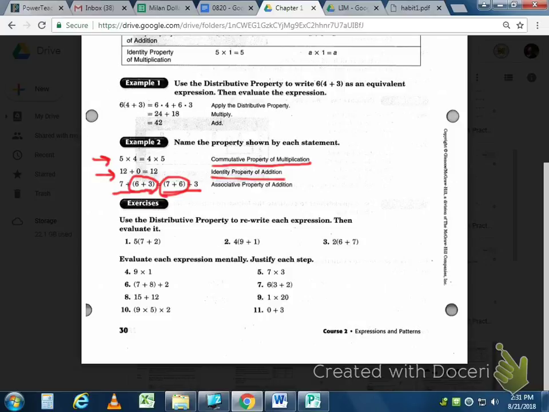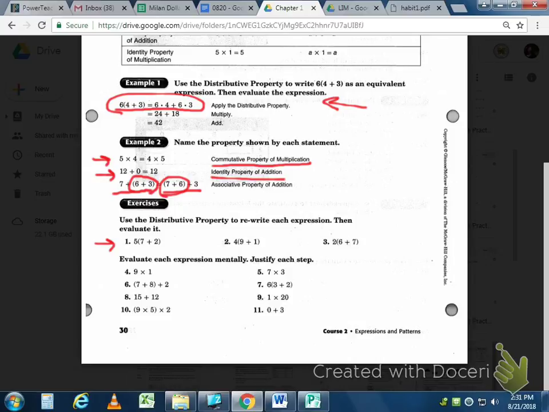We're going to do one now. Somebody in here is going to do this one. Number 1, you were supposed to have written down, use the distributive property to rewrite each expression, then evaluate it. So I want to refresh your memory right here. It's the same directions, and see how we did this one. You distribute that through. That's what you're supposed to do down here with number 1.